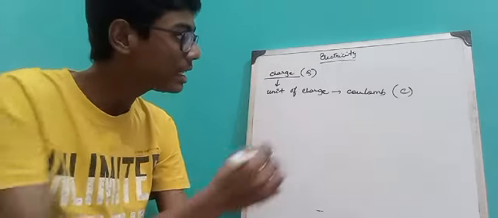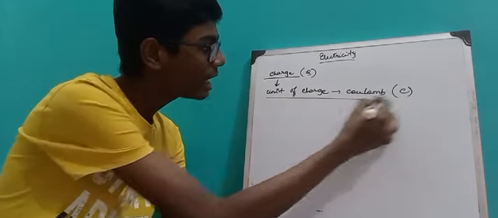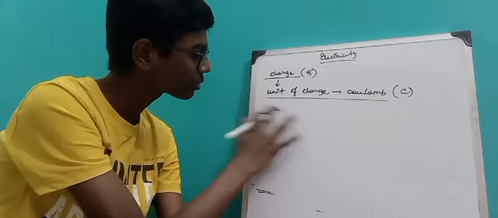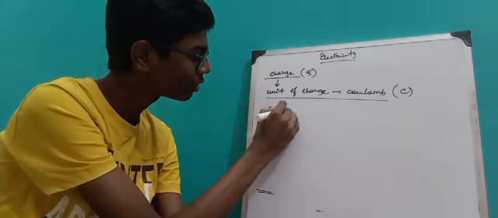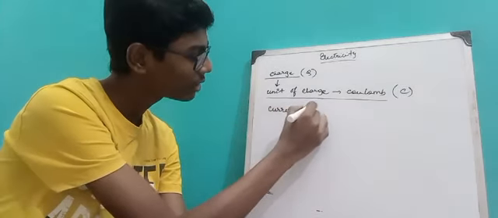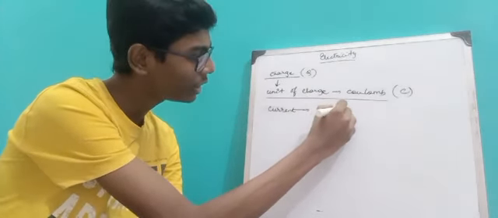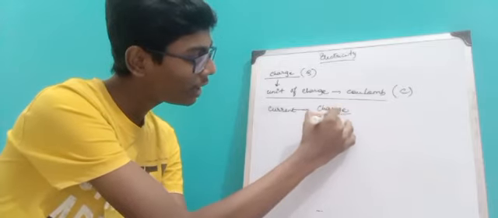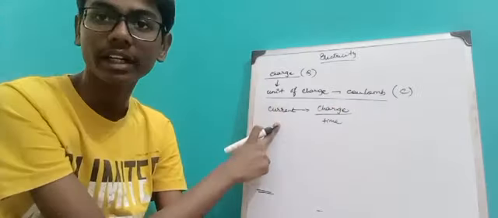So the charge that is flowing per unit time is your current.